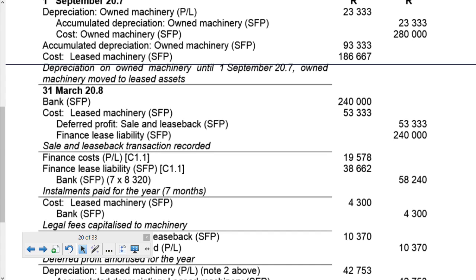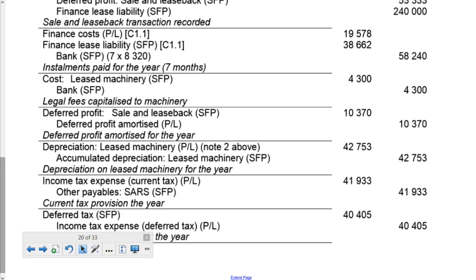Then in the current period there were 7 installments. There's the 7 installments all in one. And there's the legal fees which are going into the machine. And then at the bottom is the depreciation on the machine for the rest of the year. And then they do a tax and an income tax, a deferred tax and a current tax journal.